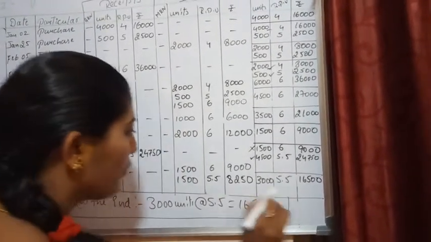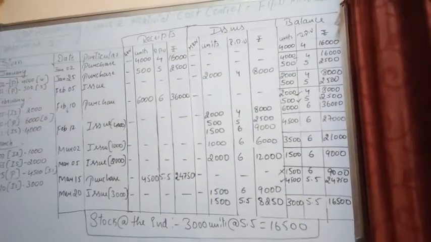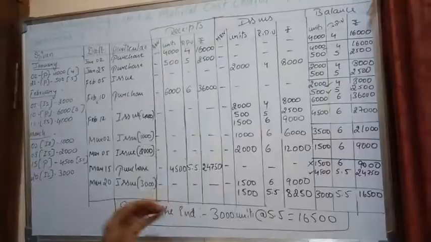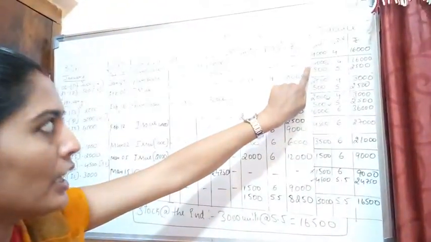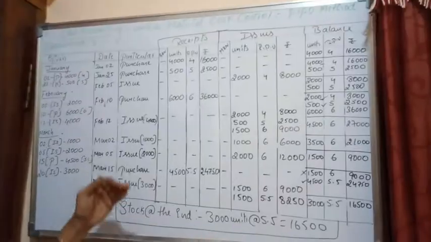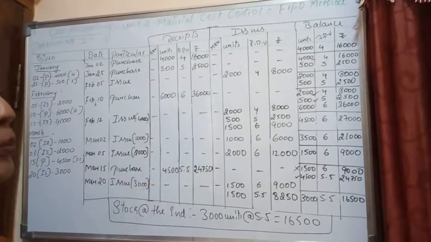So this is your final value. So always remember students, whatever first material you have, that first material you are supposed to issue whenever they are asking for the requirement. Okay, this is how we have to solve the FIFO problems.